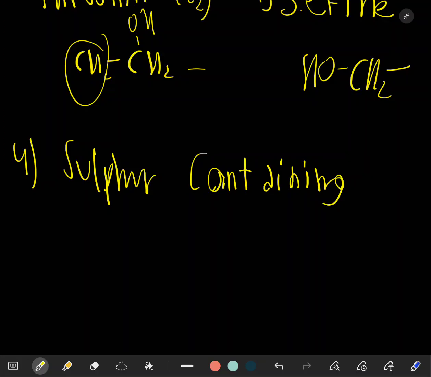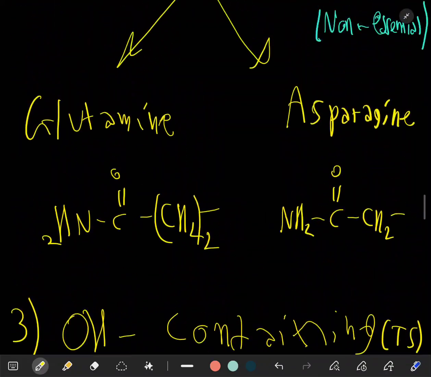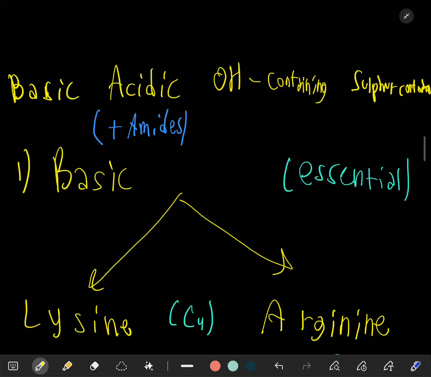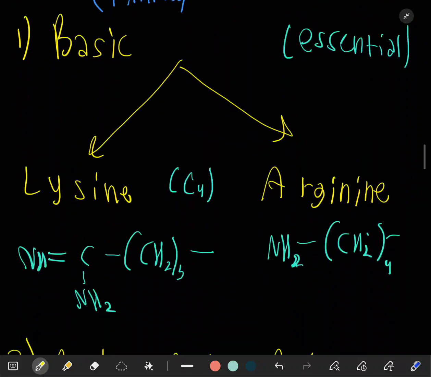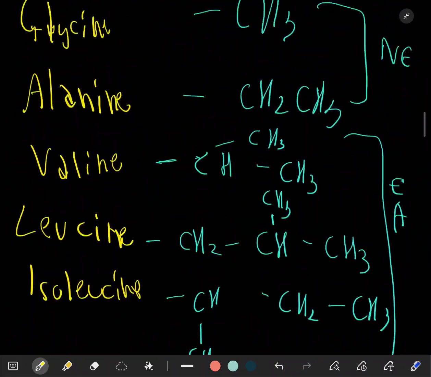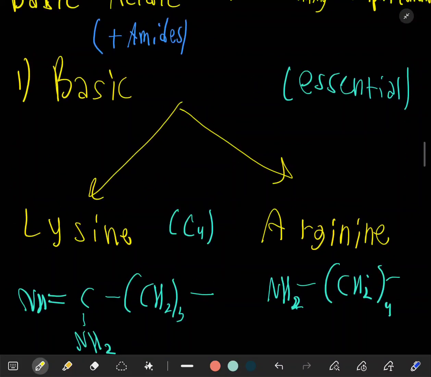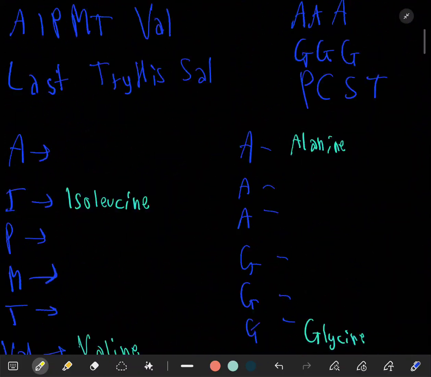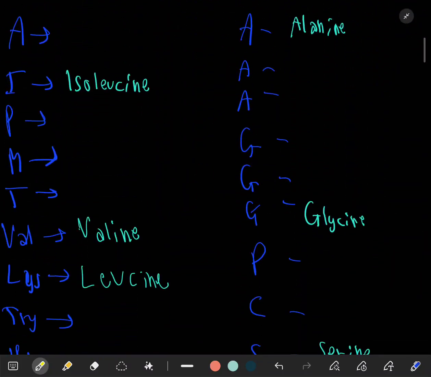Now we can use the reference from the earlier list to recall all these names, lysine, arginine and all. I think we should fill these names in the earlier list which we made. So let's go to basic, essential: lysine and arginine.